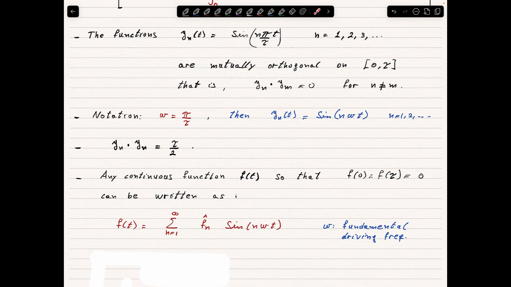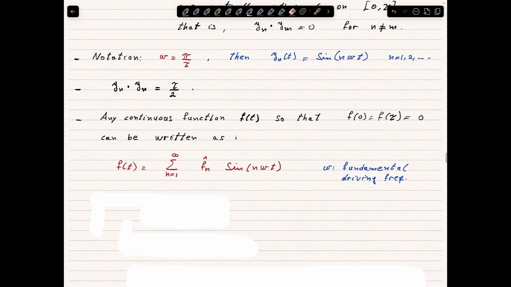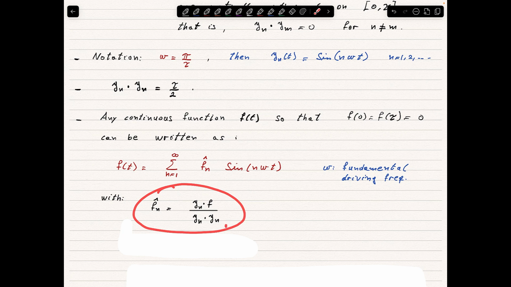All right, and what is this coefficient here? Well, that coefficient is given by the usual formula from previous videos. All these functions are mutually perpendicular, so that gives us this formula for the coefficients. And recall, we have this quantity right there in the denominator, so we can rewrite that formula for the coefficient.